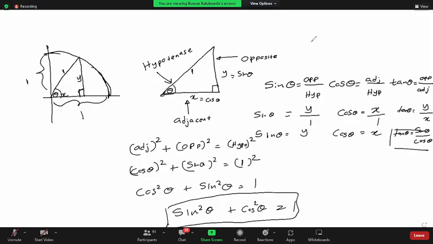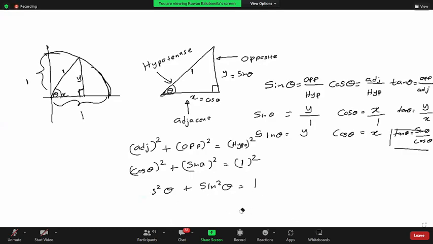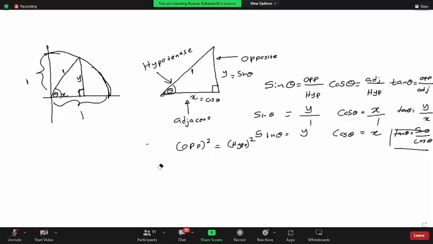Here we talked about only sine, cos, and tan. There are also some inverse functions from these same things, right?